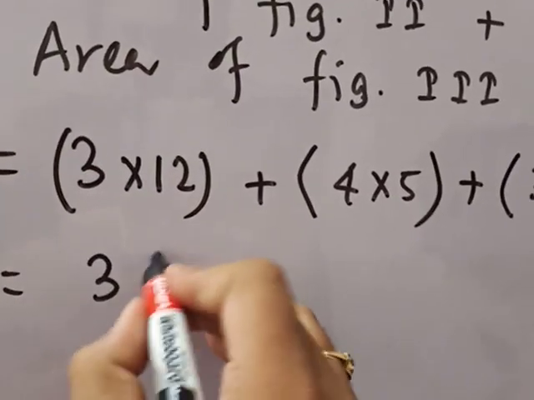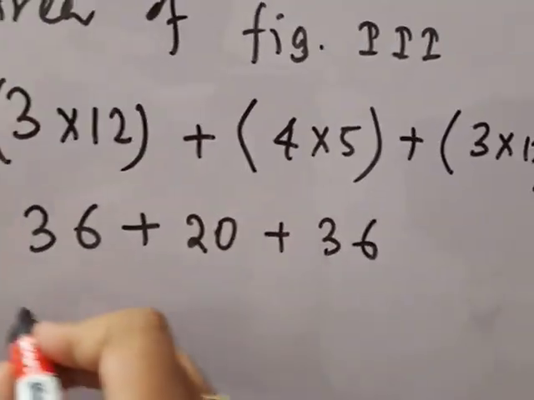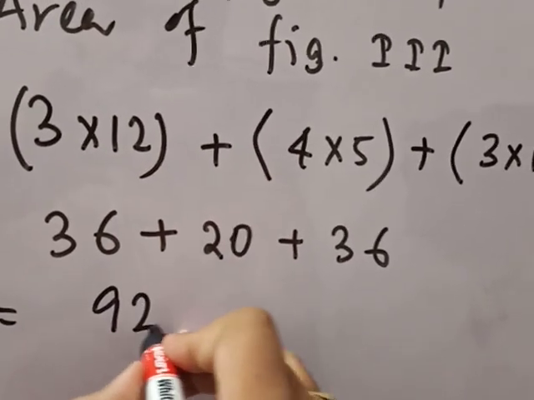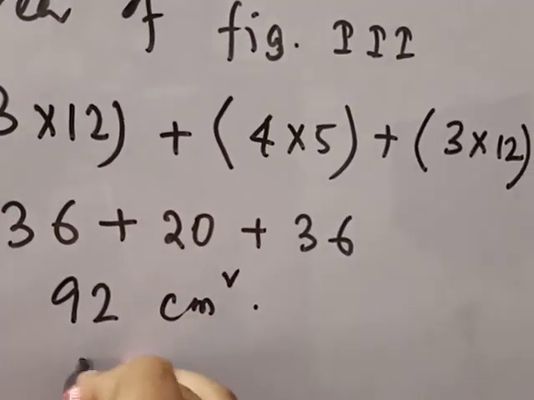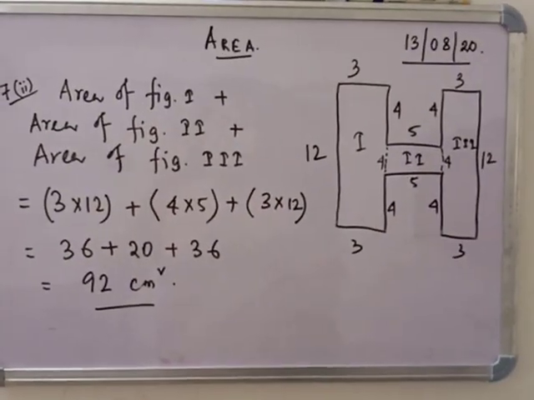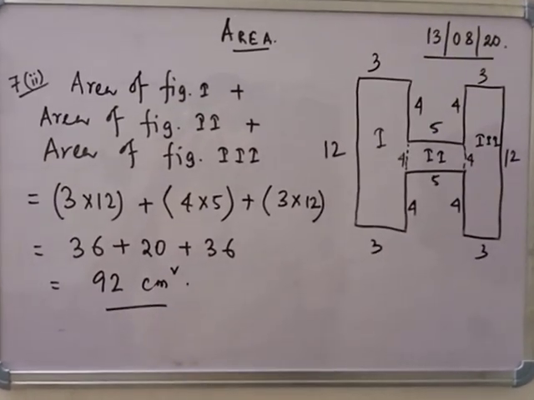So this is 36 plus 20 plus 36. So this is 72 plus 20, this is 92 centimeter square. So 92 centimeter square is the area of this given figure.